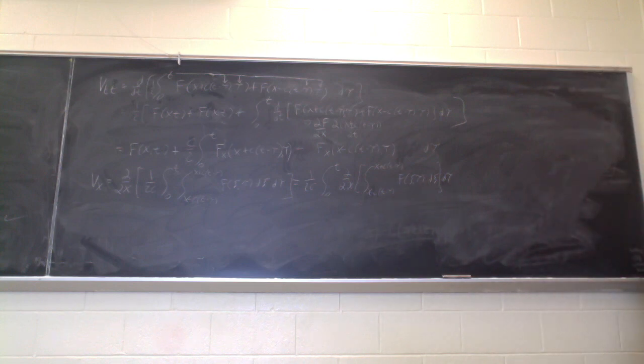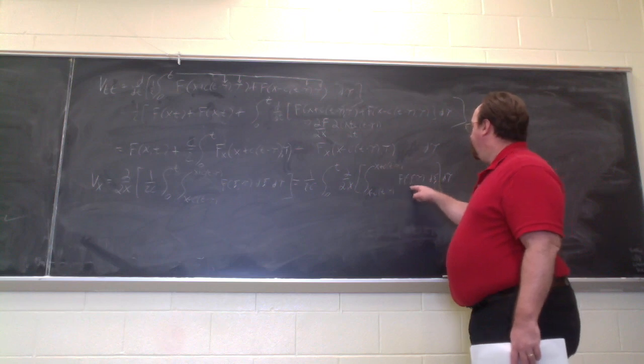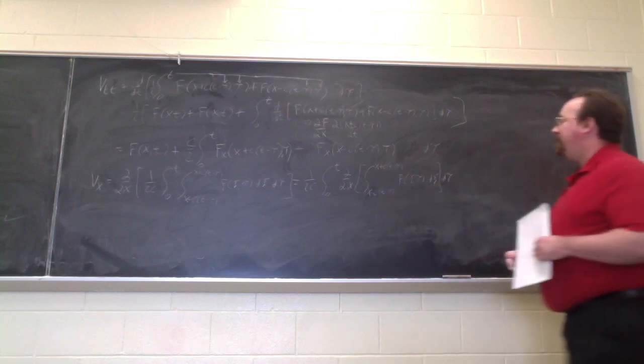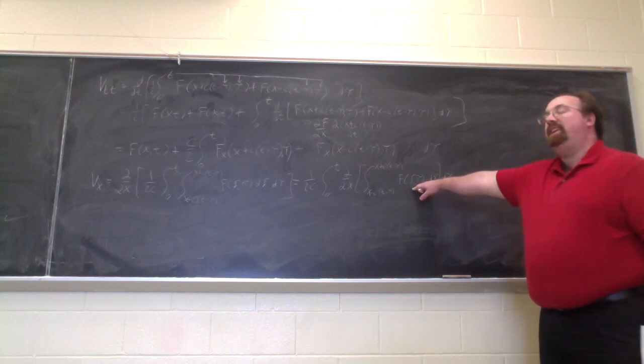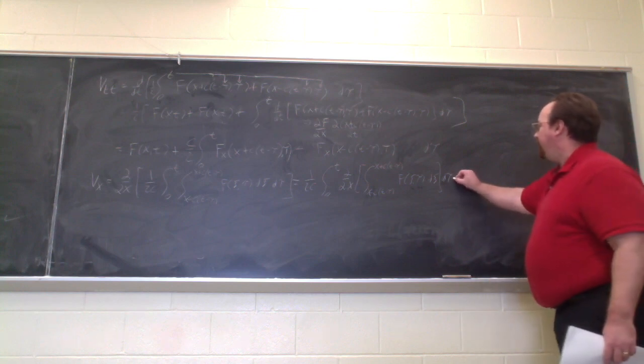What that means is you're going to plug in these limits in here, and the derivatives of these limits with respect to x is just 1. Also, there's no x dependence in the integrand, so you don't have to think about that. So this works out much more nicely than before.